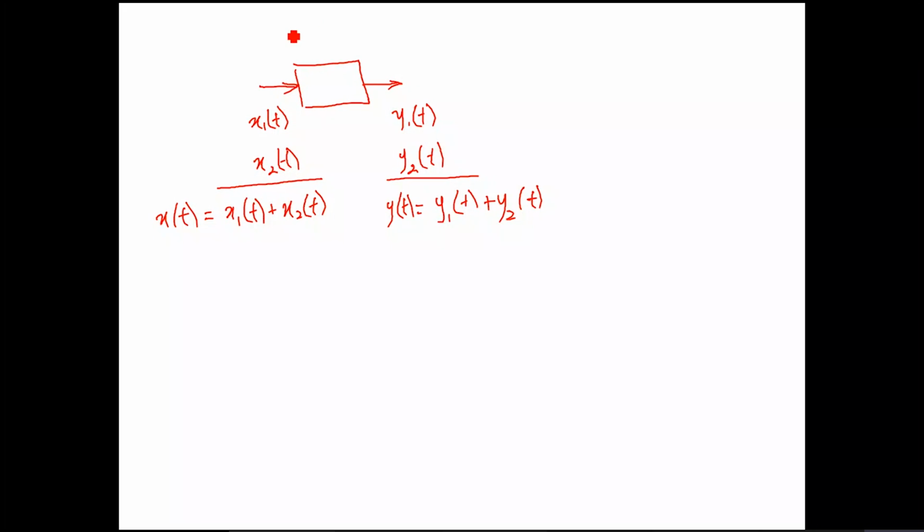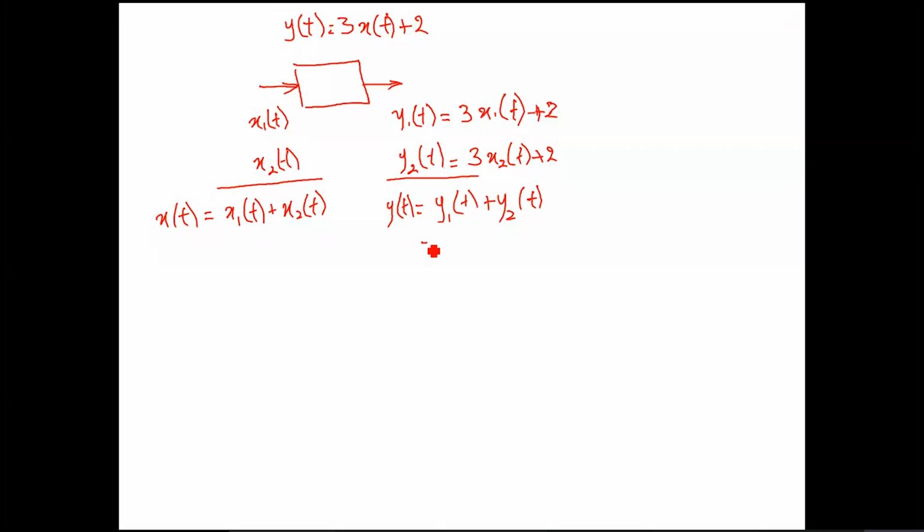Now, if we just see the second equation, which was y(t) is equal to 3 times x(t) plus any constant, let's say 2. Then y1(t) would be equal to 3 times x1(t) plus 2, and y2(t) would be equal to 3 times x2(t) plus 2, right?